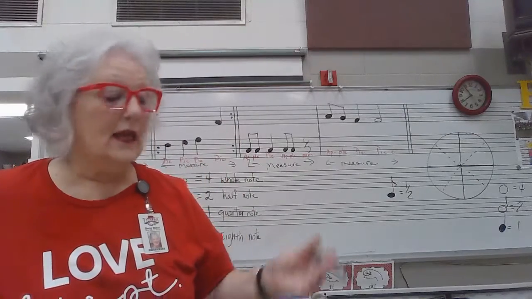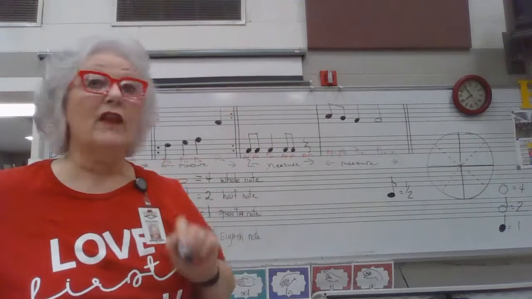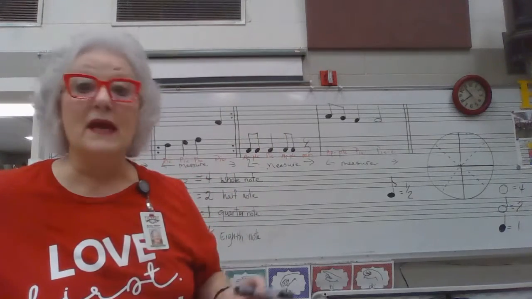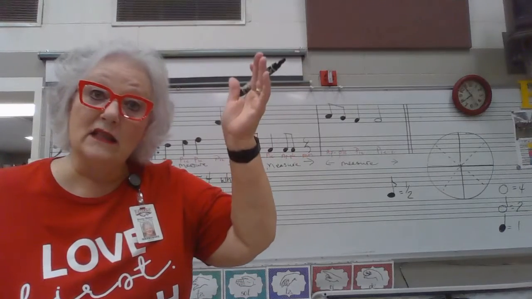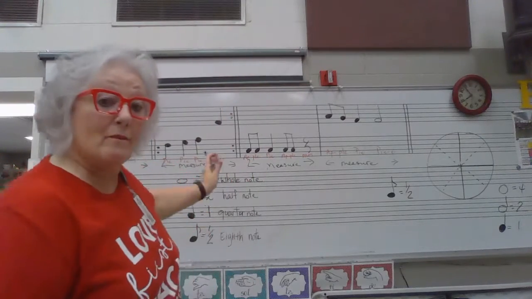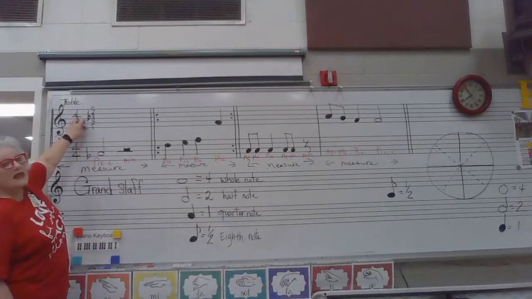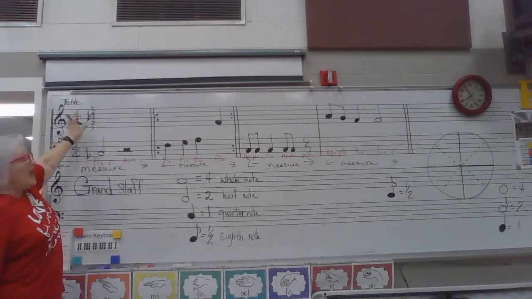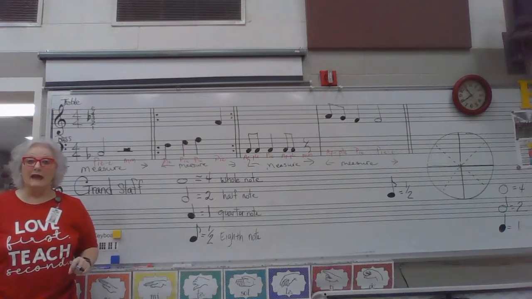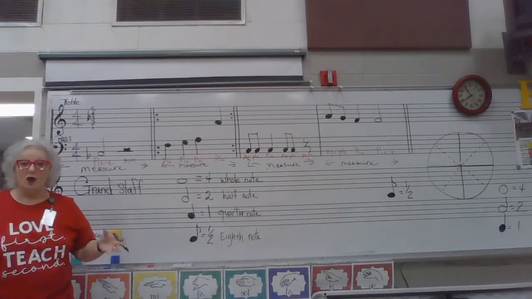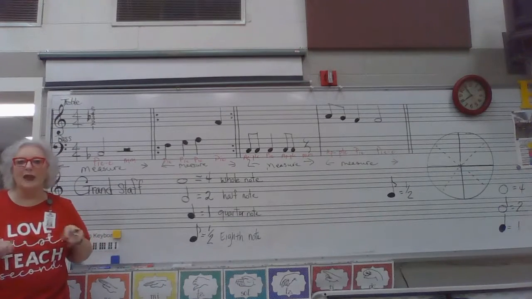It's going to be lowered a half step. There's not going to be a little flat sign beside every B in the piece. It's just a known fact that when that B is showing right here in the key sign, every B in the treble and the bass is going to be played as a B flat or sung as a B flat, not just a plain Jane B.